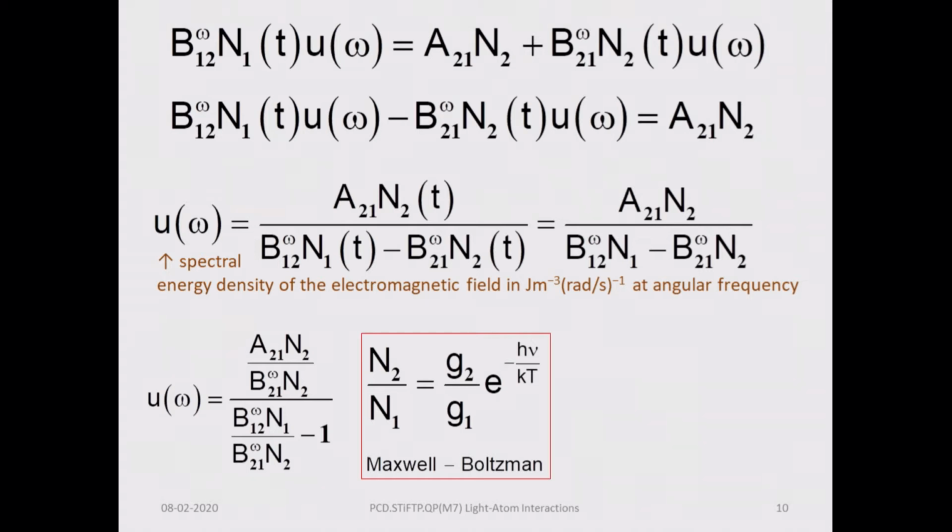So, he plugged in the Maxwell-Boltzmann term to take care of this N2 over N1 ratio, and in the numerator the N2s of course cancel, and now you have got an expression which is compatible with the Maxwell-Boltzmann distribution for the spectral energy density. Now, this is what you get by considering the rate equations for emission and absorption, and you get an expression for the spectral energy density.